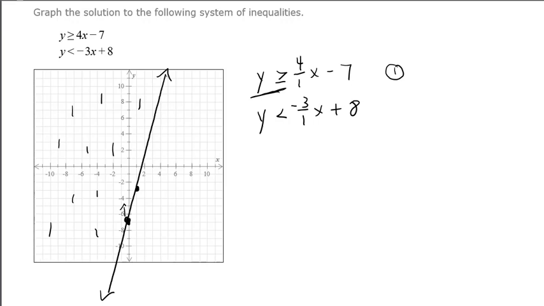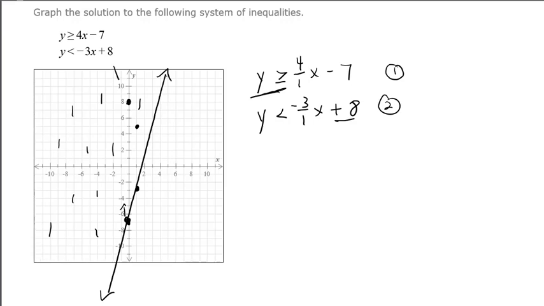Now we'll graph the second inequality. So I start at a positive 8. That's my y-intercept. And my slope is negative 3 over 1. So from my y-intercept, I go down 3 and to the right 1. And again, pay attention to the type of line. Since this is y is less than, the points on the line are not part of the solution.